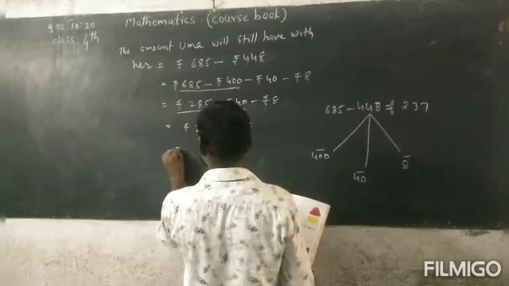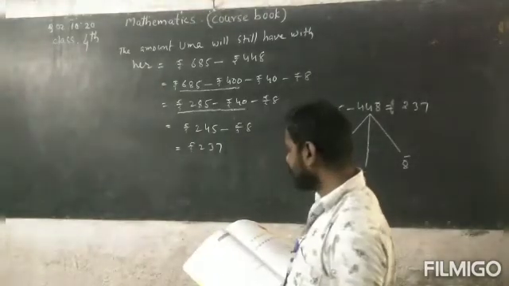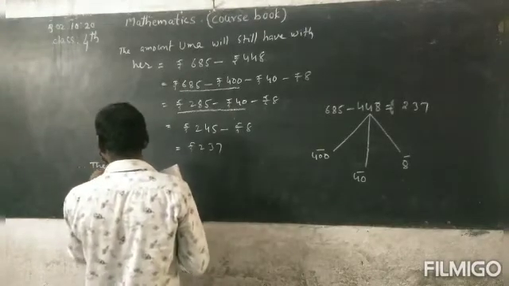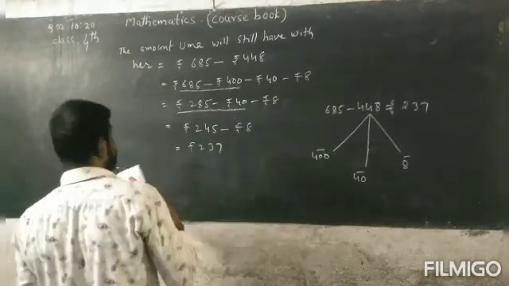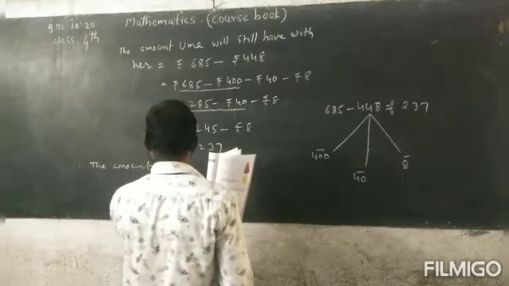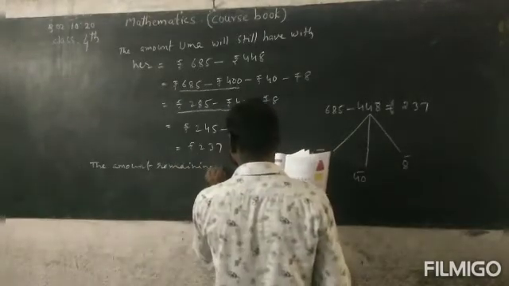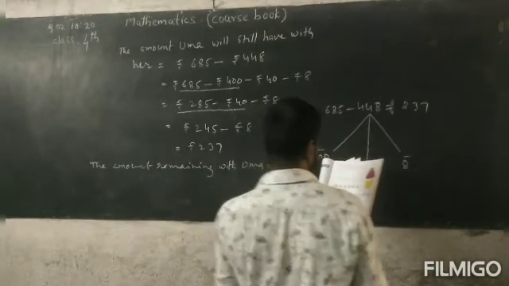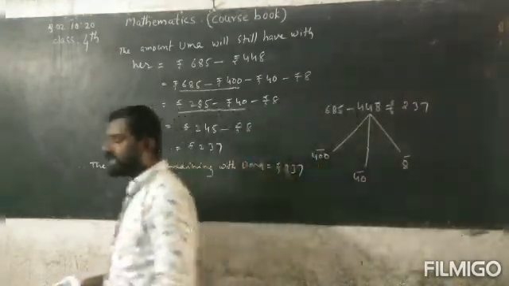You can get 237. So therefore, the amount remaining with Uma is equal to 237 rupees by using the expanded form.